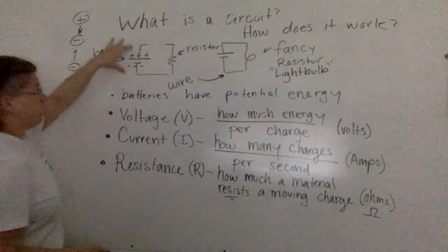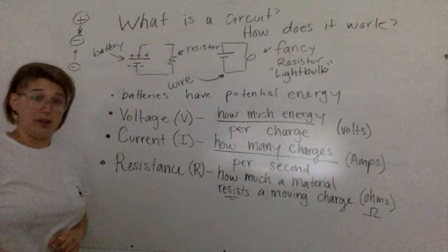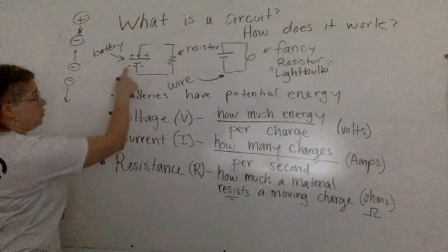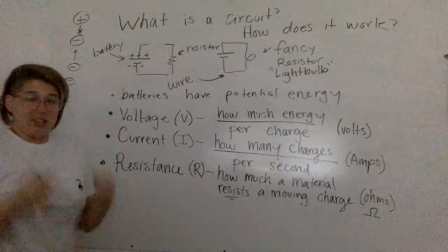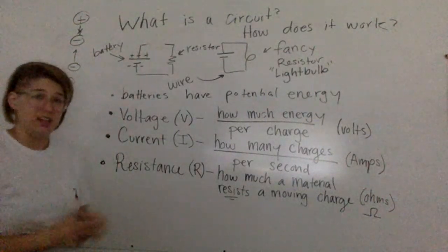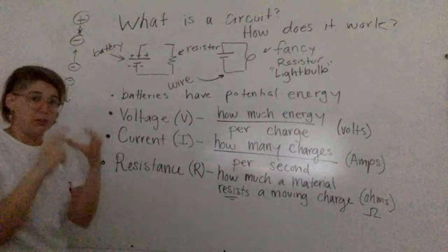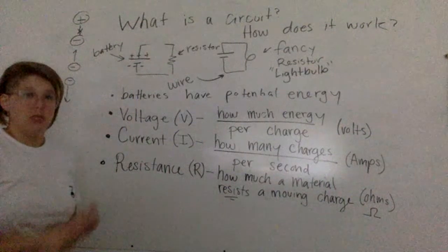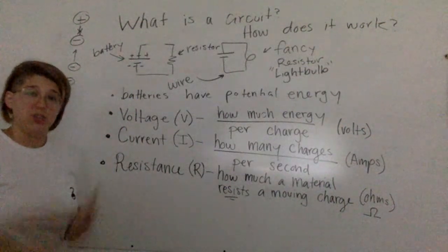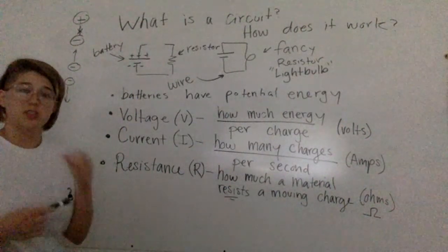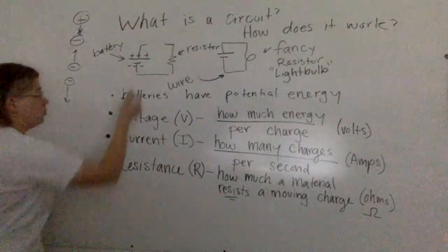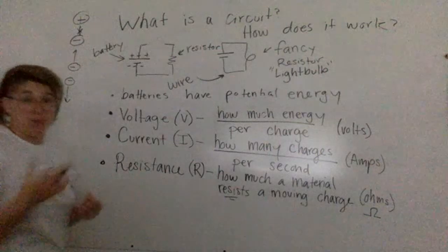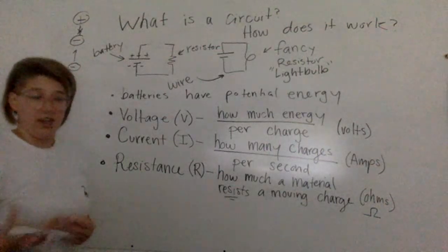On all batteries, there's a positive side and a negative side. The negative side is where they clumped all of the electrons together, and the positive side is where they clumped all the protons together. These negative electrons want to get away from each other so extremely badly. If you give them a path, they can't just jump into thin air.